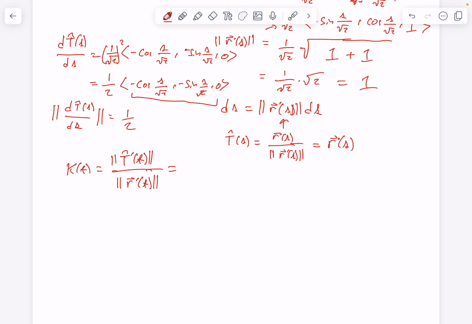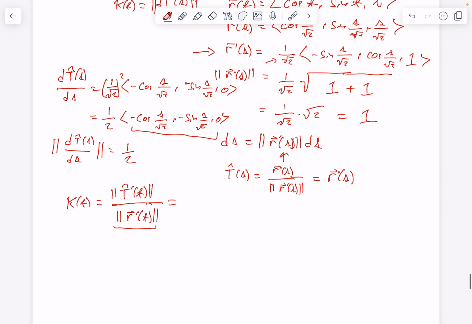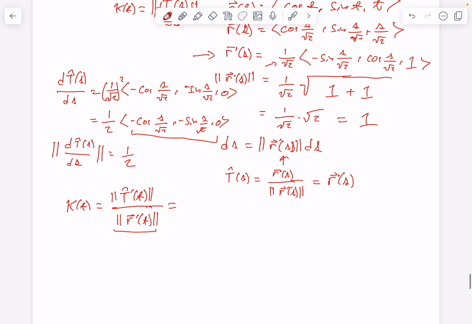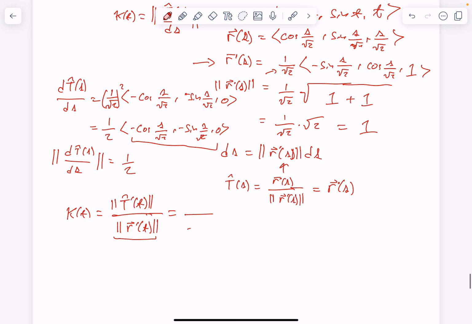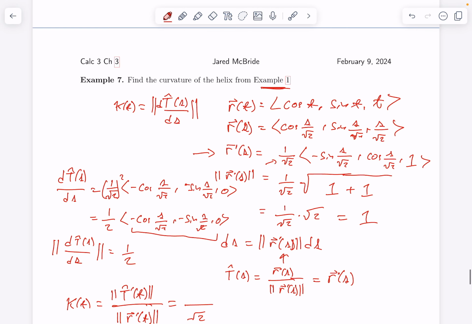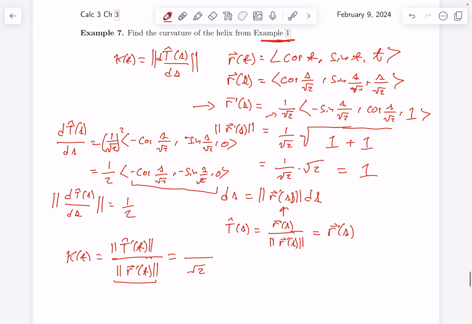Now this thing here we already computed at least once. That is going to be square root 2. We computed that earlier in example 1, that was how we got our arc length function. So we've got square root 2.